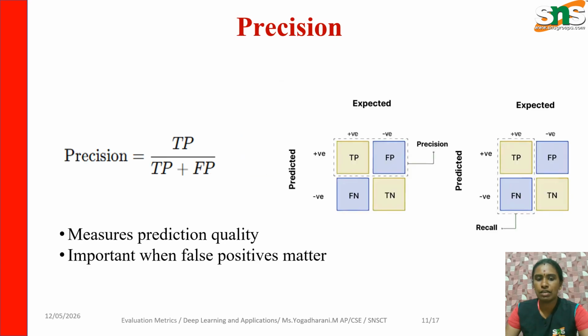Precision tells us, out of all predicted positives, how many are actually positive. The formula is true positive divided by true positive plus false positive. It is mainly used for email detection, fraud detection, and legal document classification.